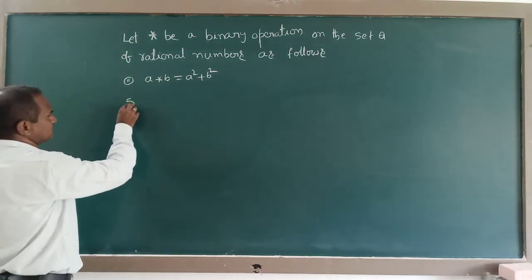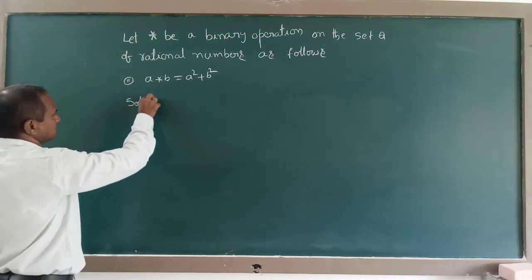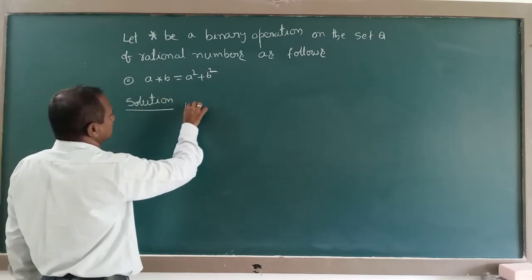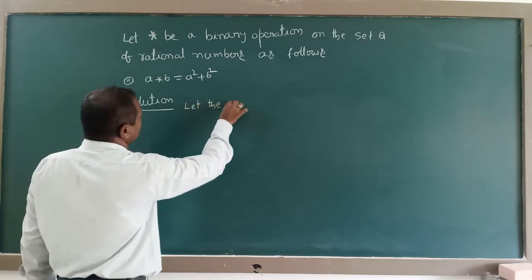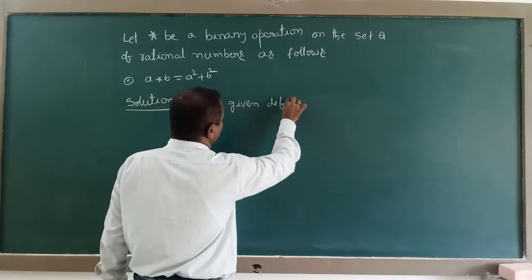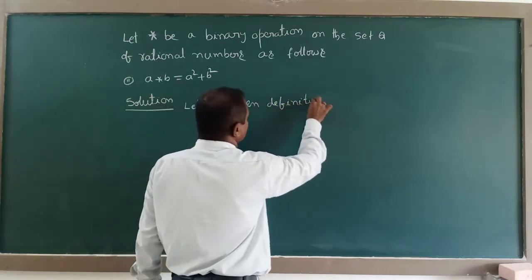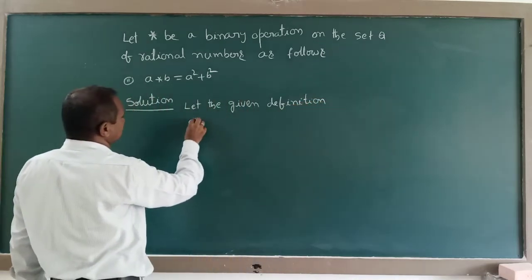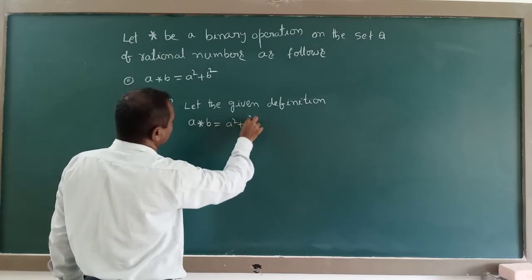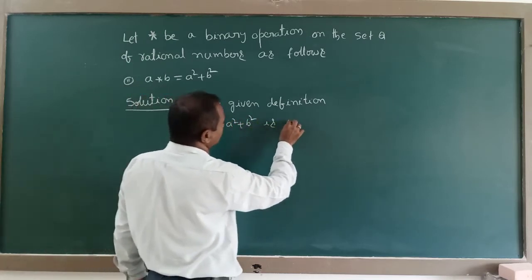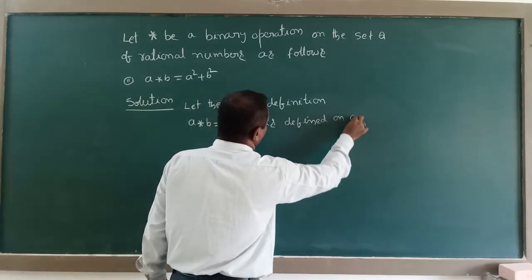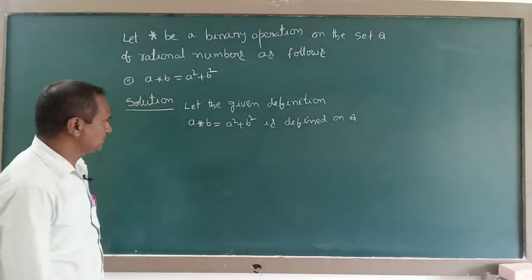See, the solution for this question: let the given definition a star b is equal to a square plus b square be defined on Q. Q means here the set of all rational numbers.